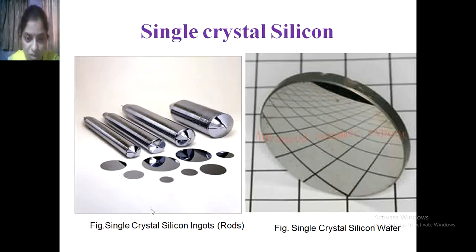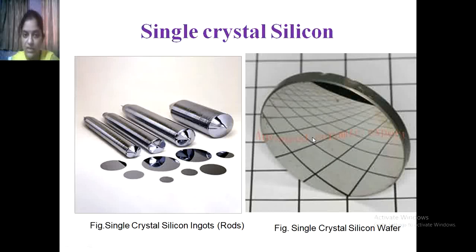These are the single crystal silicon ingots, that is single crystal rods, and slicing of these rods gives the single crystal silicon wafer. So this is the single crystal silicon wafer.